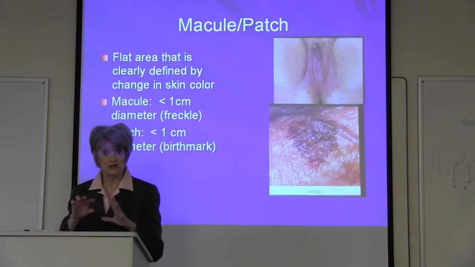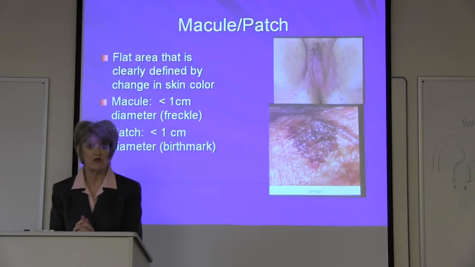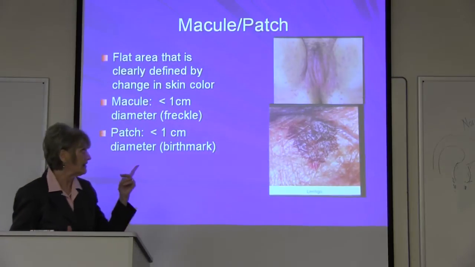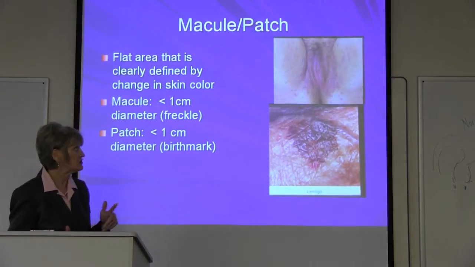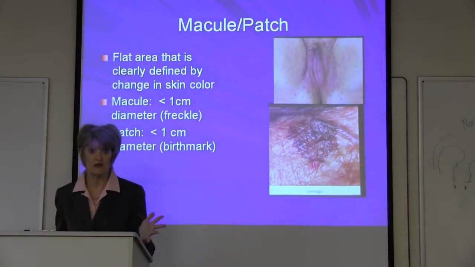Some of those lesions have elevation, but many of them are flat. So we frequently refer to a yeast rash as a maculopapular rash with central patch formation. Or if there's elevation, we'll say central plaque formation. In this case, there was no elevation, so we would say this is a maculopapular rash with central patch formation.